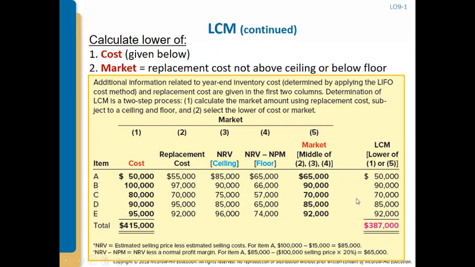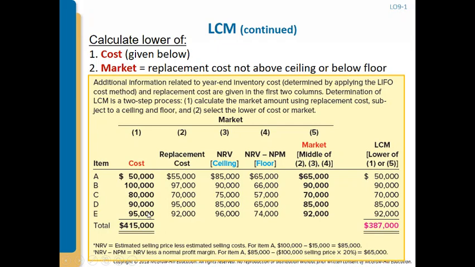So you pick 70,000 as being your LCM. D, cost is 90,000. The middle number is the NRV of 85,000. You compare the 85,000 with the cost of 90,000. So the market 85,000 is less. That's the number you pick.